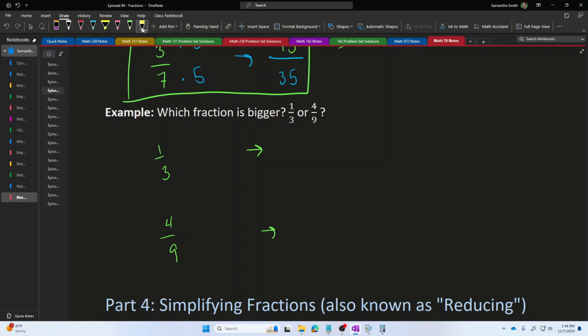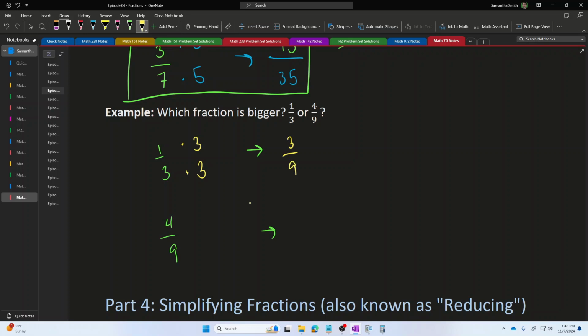Now, one way to do that for sure would be to multiply this guy by 9 and this guy by 3, but I think there's an easier way. I can get the denominator of 1/3 to be 9 really easily just by hitting both the numerator and the denominator with an extra 3. That gives me 3/9.